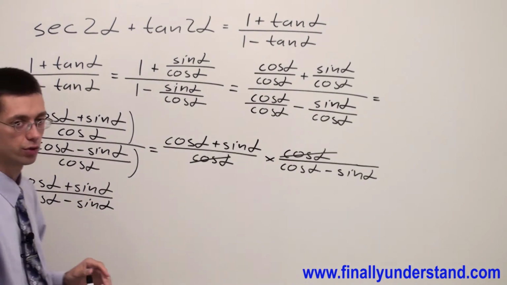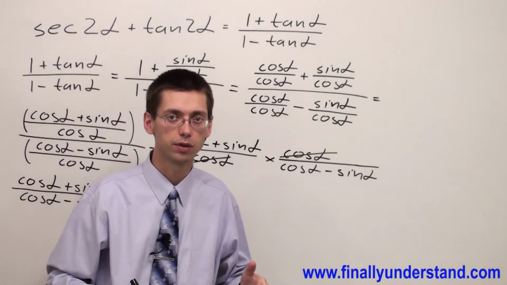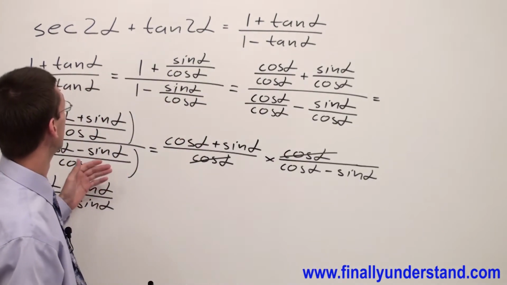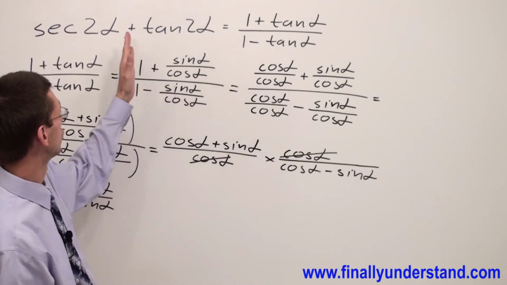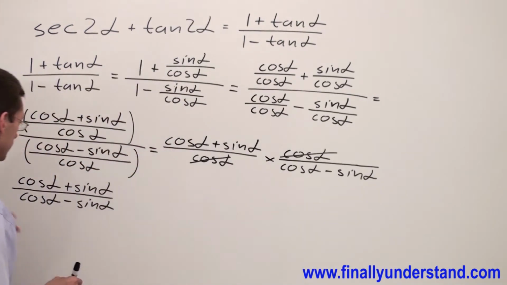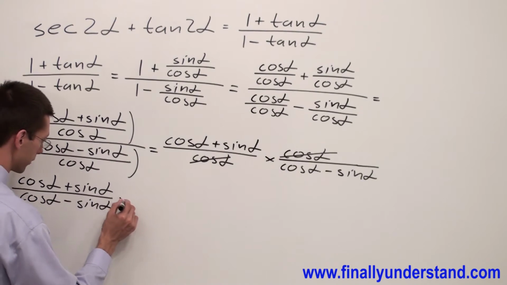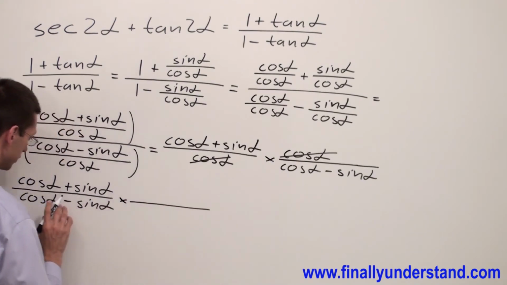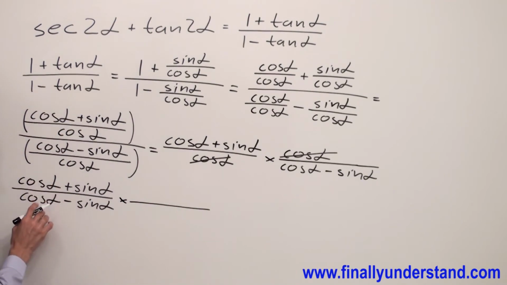And someone is going to say we got to the simplest form, but our right side is not equal to the left. What are we supposed to do next? Next, you're supposed to multiply the denominator and the numerator by the conjugate of the denominator.